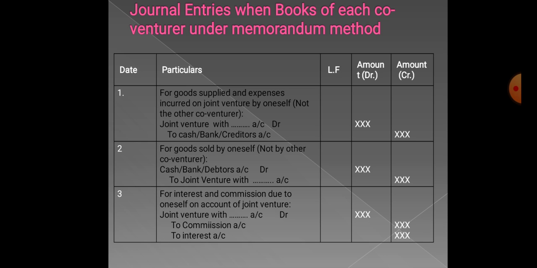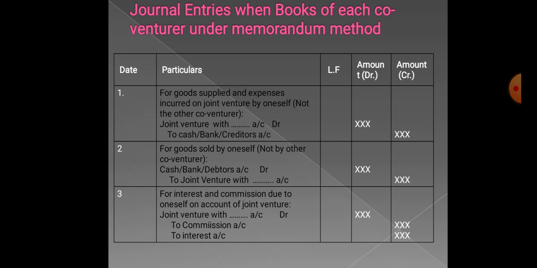If it is through cash, if the goods are supplied by him through cash, then he will be transferring it to cash account, or if it is through check, then it will be transferred to bank account. And if he supplies the goods by taking it from a creditor, it has to be transferred to creditor account. So like this the entry will be.